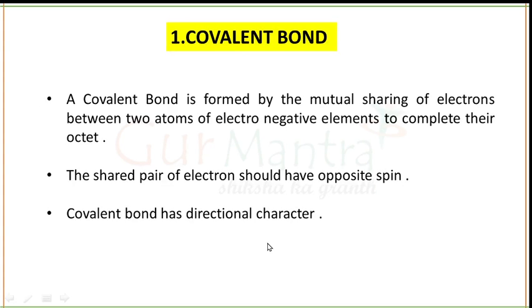Now we are going to study about the strong bond, that is your covalent bond. So basically a covalent bond is also called a molecular bond because it is being formed between two atoms and these atoms combine to form a molecule.